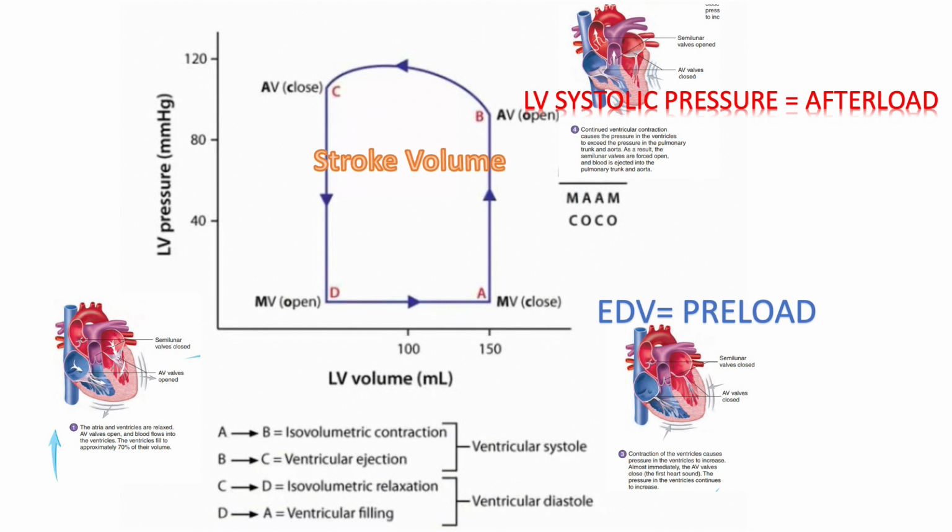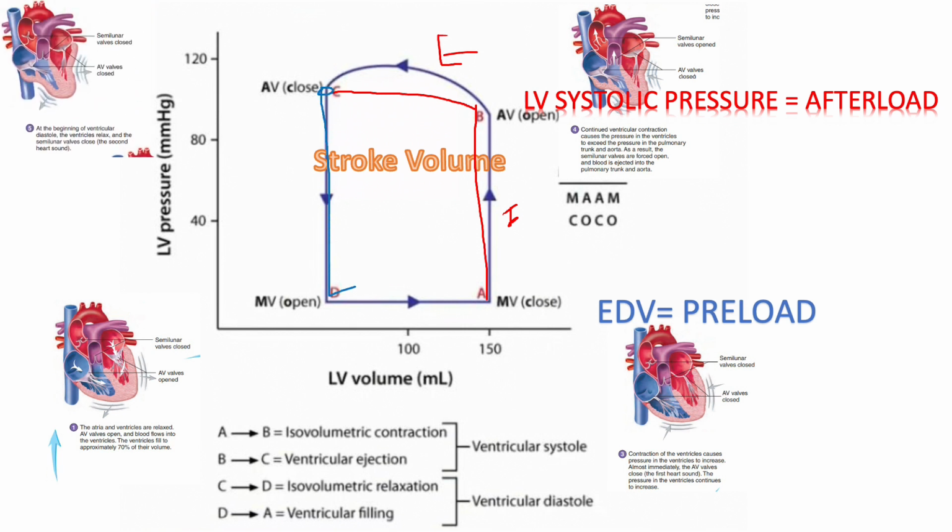So we can say that starting A, B, C is systole, ventricular systole. This is its isovolumetric phase, and this is its rapid ejection phase. And we can also say that from here all the way up till here is diastole.